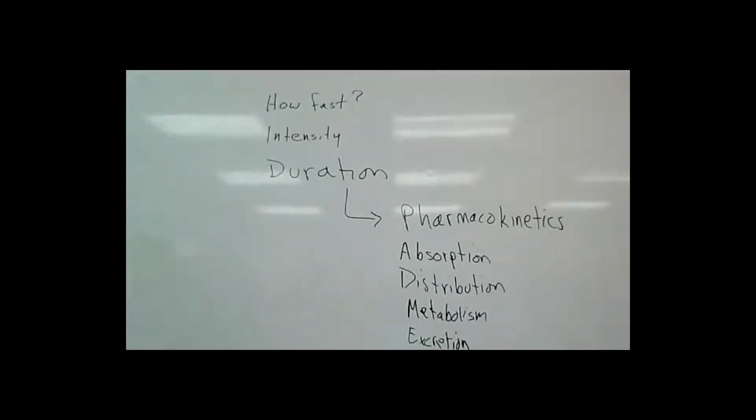So the absorption, really we're talking about from whatever tissues the drug has gone into. Obviously, absorption is virtually immediate with an IV drug. Distribution is a little bit longer. You have to absorb it out of that little ball of liquid that you put into the muscle or into the adipose tissue, the subcutaneous space.